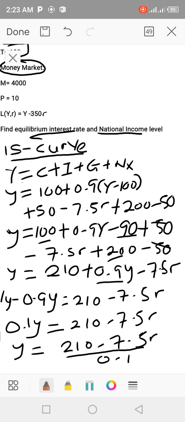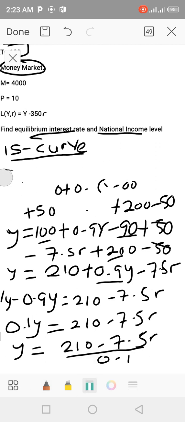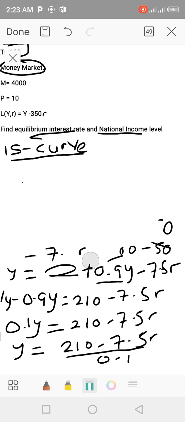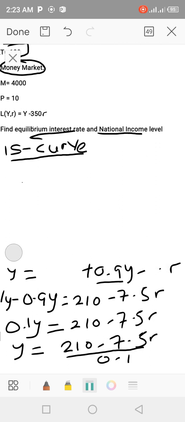In continuation, we look for 210 divided by 0.1, and that is 2,100 from the calculator.